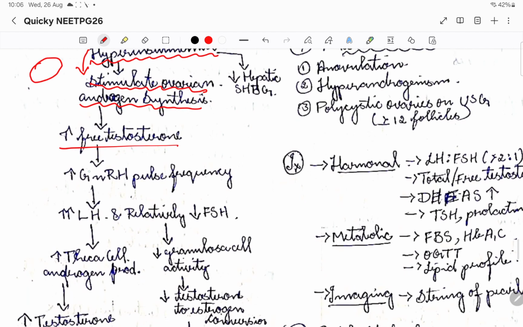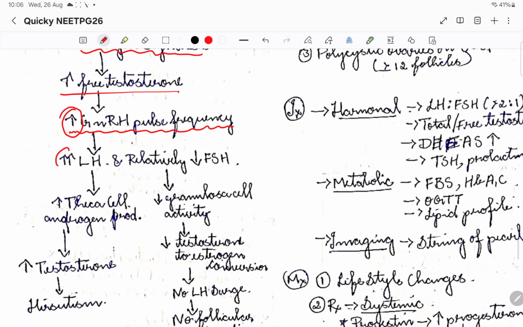What it does is it will lead to increased GnRH pulsatile frequency. GnRH basically is pulsatile in nature, so it is released in a pulsatile manner. But if there is an increase in the frequency, it will increase the LH, but FSH will be reduced.